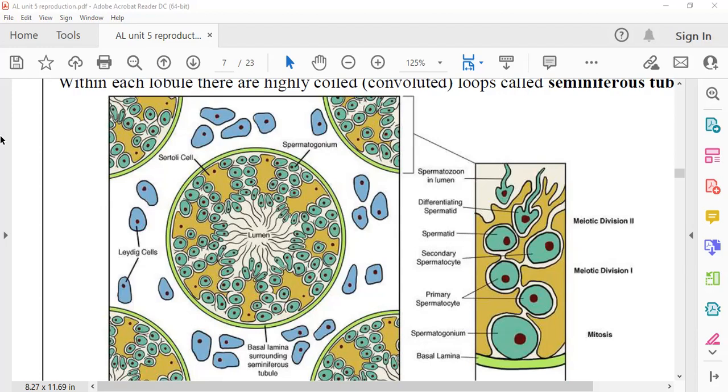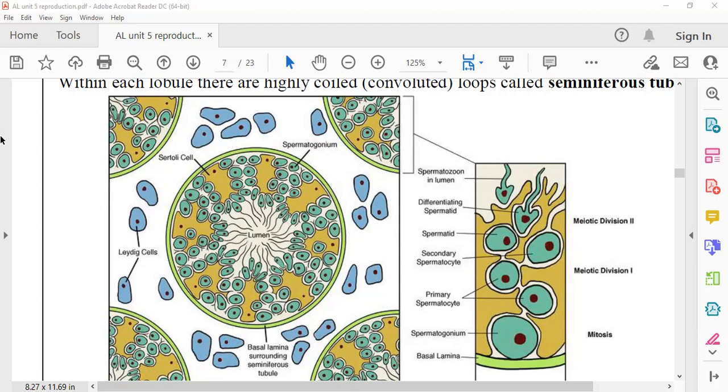So, what are the stages of sperm production you will notice inside the seminiferous tubule?